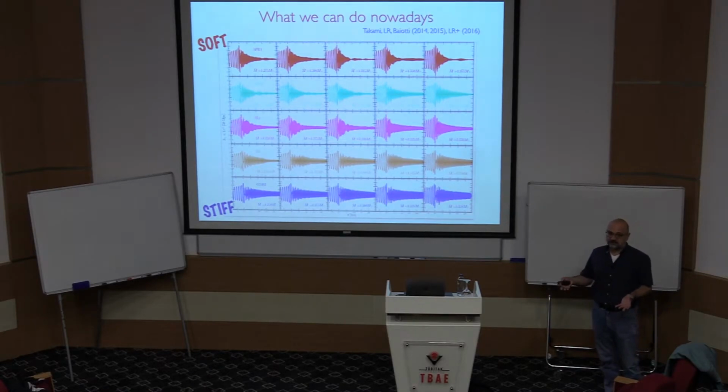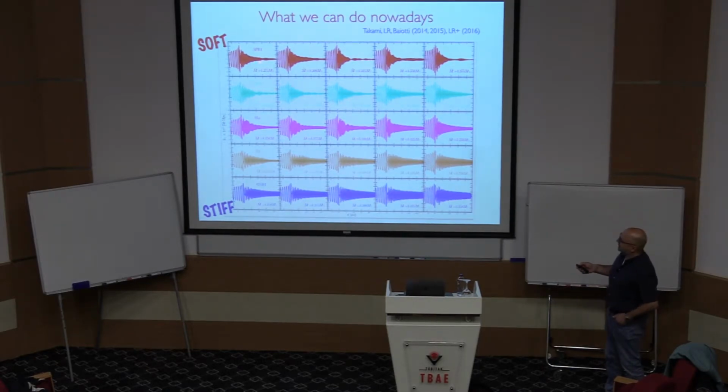This is easy to understand. A soft equation of state means you can compress matter very much, the object is very compact, and so it doesn't have large perturbations, large asymmetries, and so it doesn't produce a lot of gravitational waves. Vice versa, with a stiff equation of state, you cannot compress it much, and so you have a big object which is rotating very rapidly and is emitting a lot of gravitational waves.